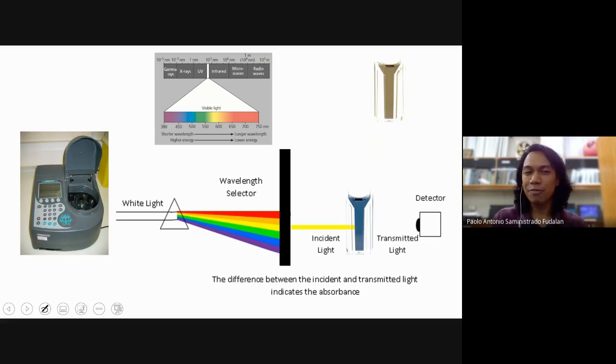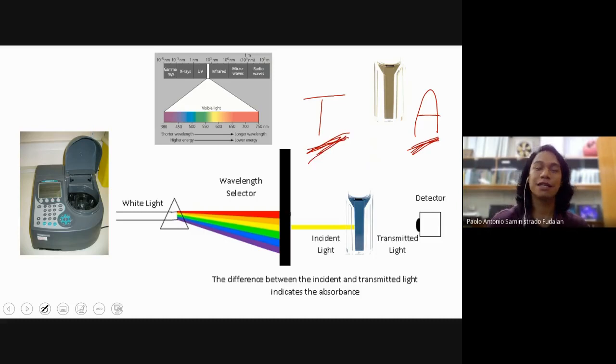The spectrophotometer that we have is not limited to absorbance measurement though. It can also measure T. If you researched the spectrophotometer, there's an A, there's a T. A is for absorbance. How much is absorbed? And what about T? What's the opposite of absorbance?